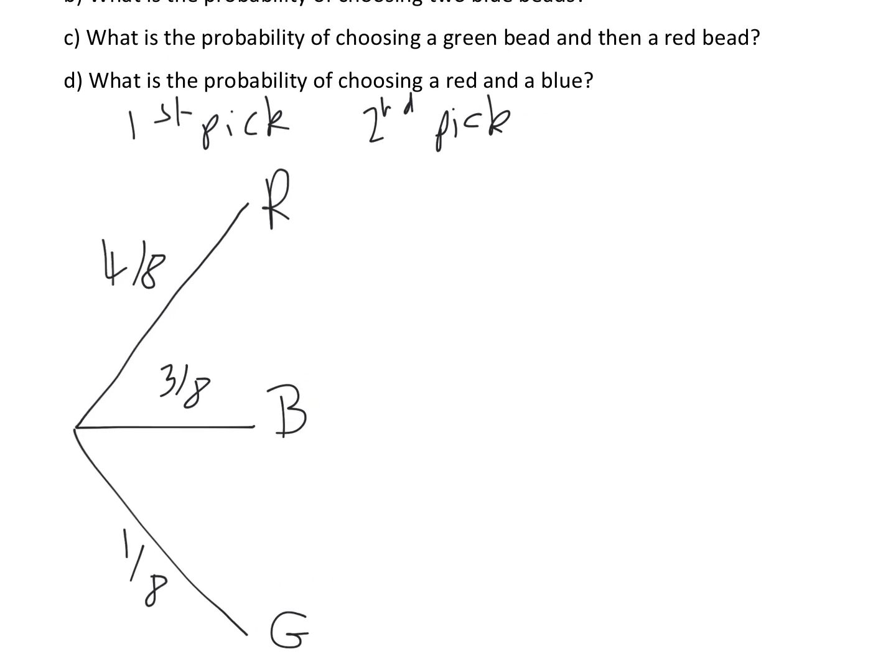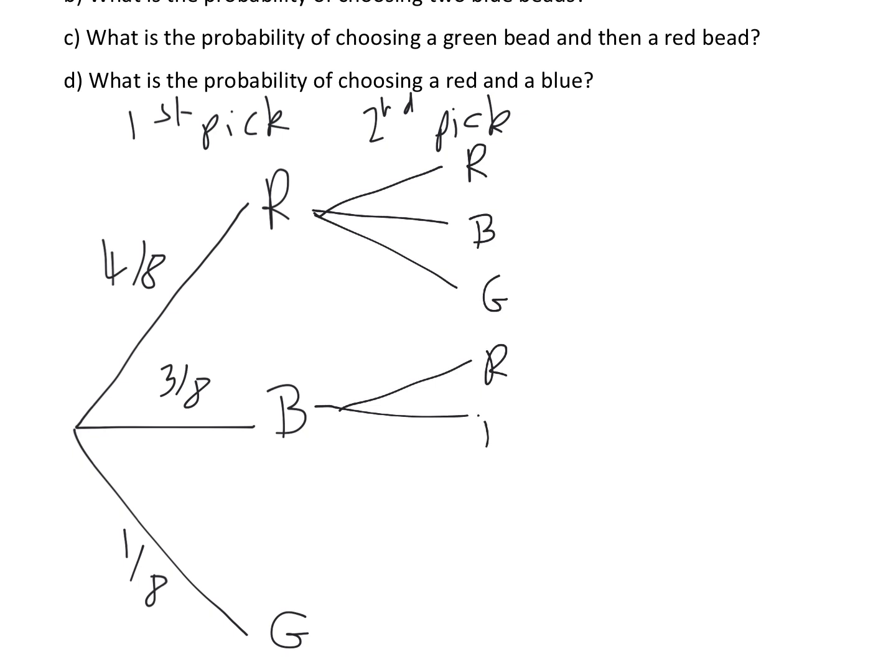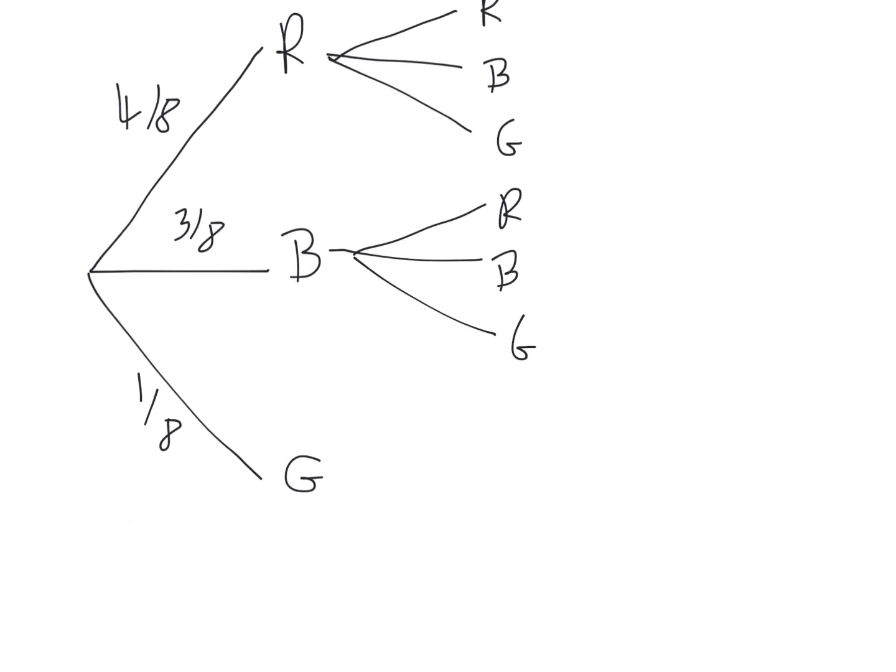Now after the first pick, if you pick red, on the next go you can get red again, or you can get blue, or you can get green. If you pick blue, you can get red, you can get blue, or you can get green. Or if you pick green, on the next pick you can still get red, you can get blue, or you can get green.